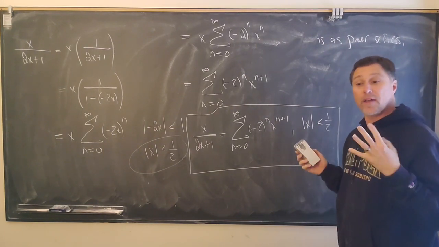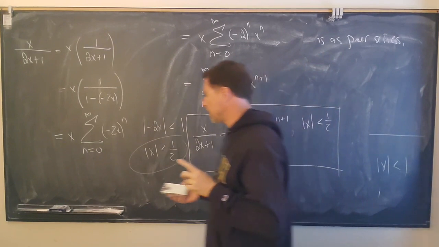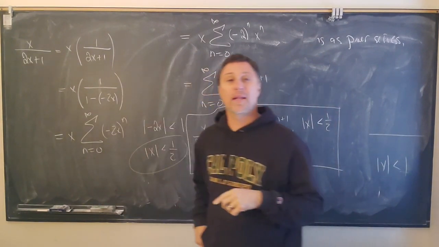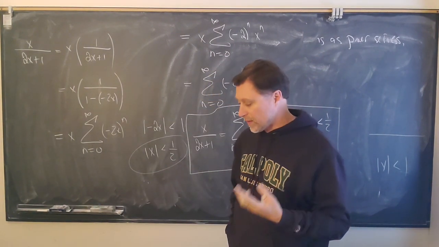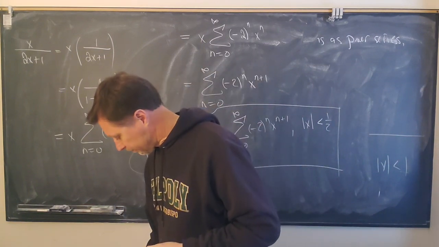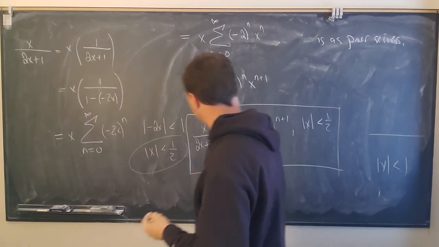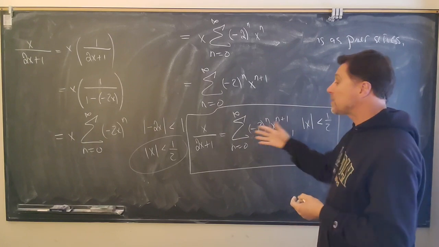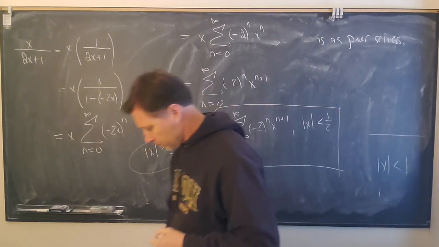Right? So by using this one fact that we know how to represent the function 1 over 1 minus x in terms of the geometric series, we can, by manipulation, represent other functions. So let's try another example.